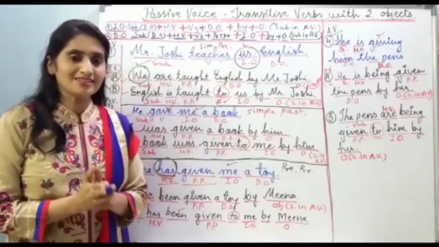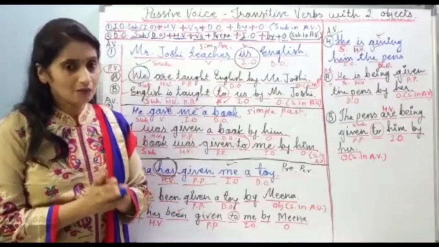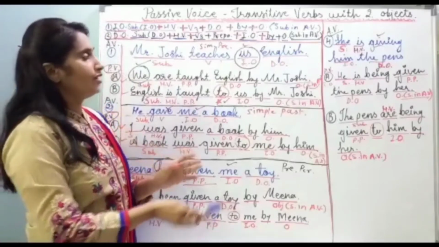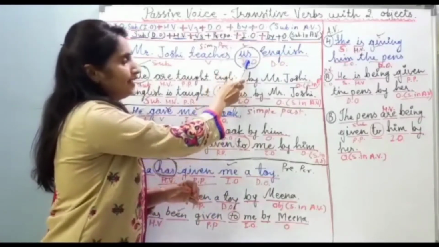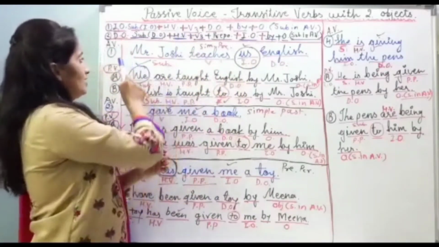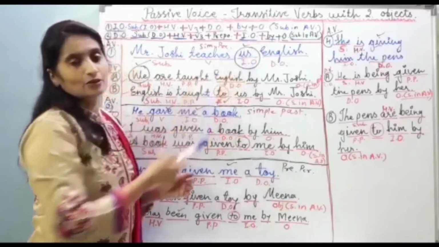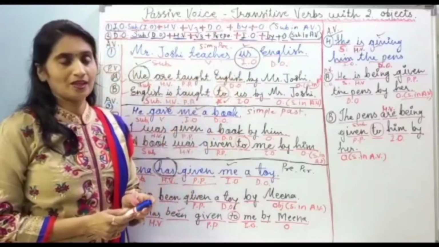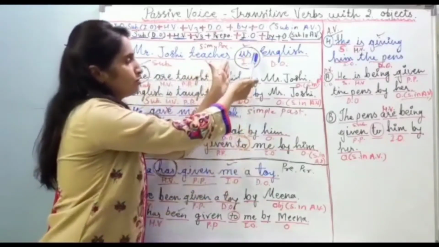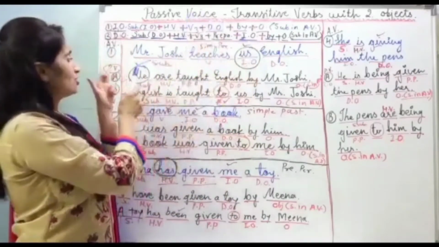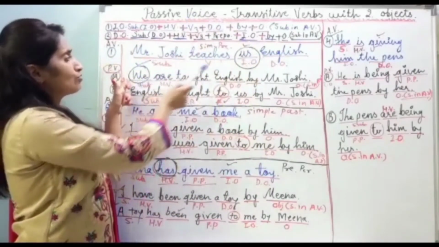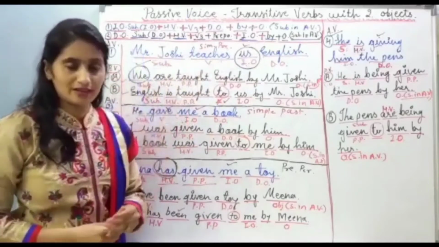Now let us convert the sentence into passive voice. First of all, let us make use of the indirect object. This sentence is in active voice and us is the indirect object here. If we want to make use of us as the subject in passive voice, we will have to change it into we.